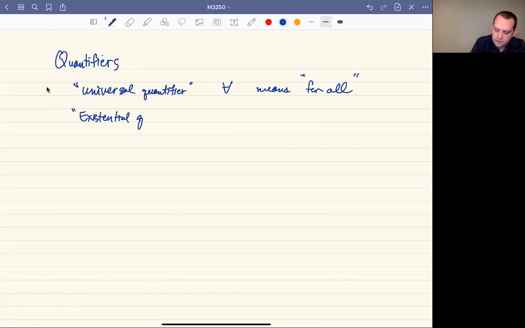And that's a backwards capital E. And that means there exists. Okay, so the upside down capital A means for all. Backwards capital E means there exists.